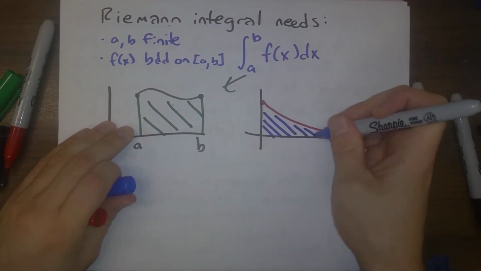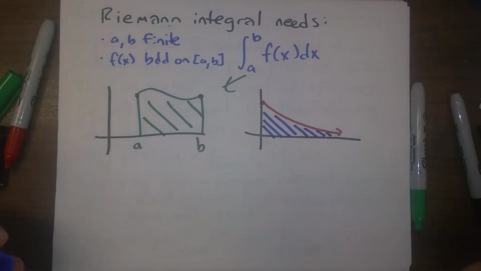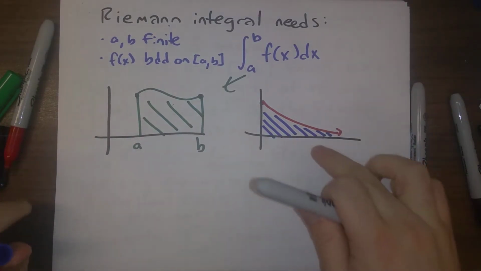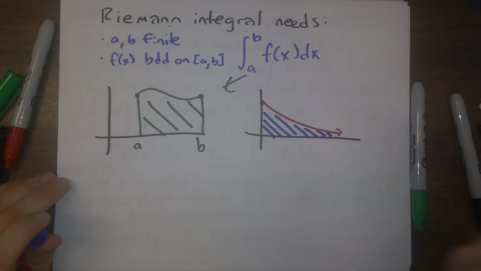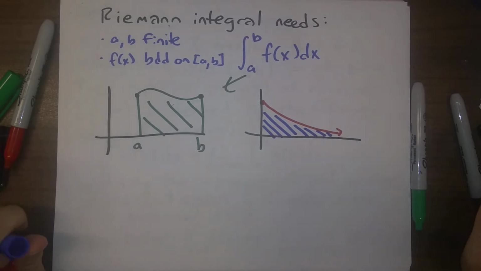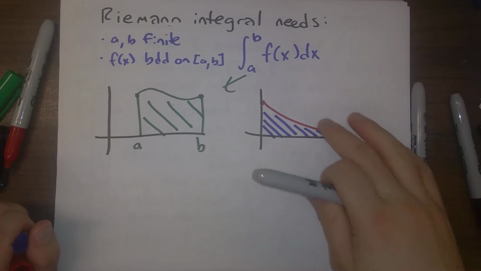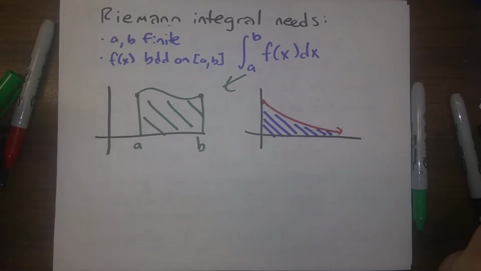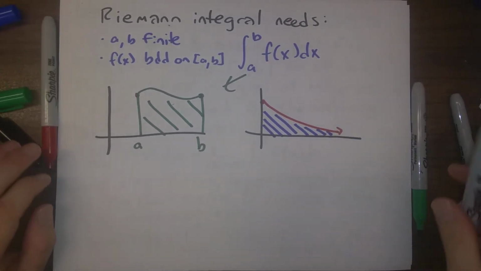Can we compute the area under this curve as this goes off to infinity? Now it might turn out that this is an infinite area, but depending on what exactly the function of this curve is, the area will sometimes actually turn out to be finite. And so this situation is something that we'll want to consider.